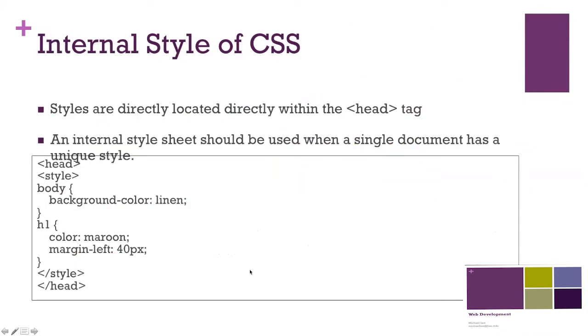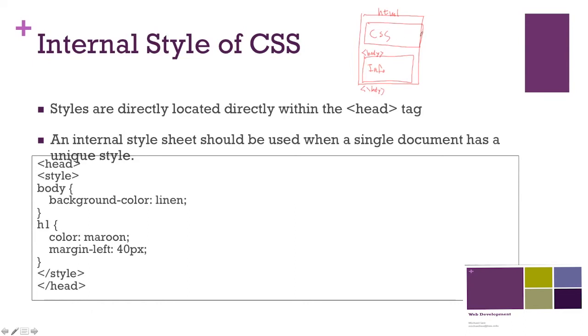Internal style is the same idea. Do you remember that? When I explained internal style, I said that it's a part of the old HTML, so CSS will be inside of HTML, but CSS goes here and your information goes here. Your information usually starts with the body and closing body.